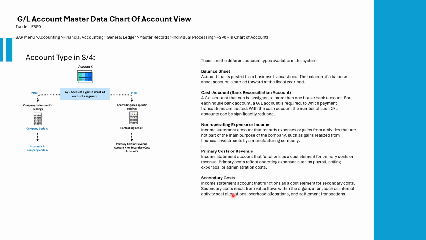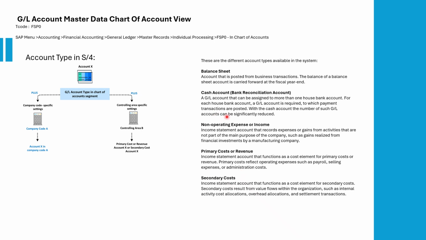Secondary cost, as you know, are income statement accounts which result from value flows within the organization, such as internal cost, equity cost allocation, or overhead allocations, and transactions which are purely controlling based. So this is also integrated to accounting now. You can see here from these account types.